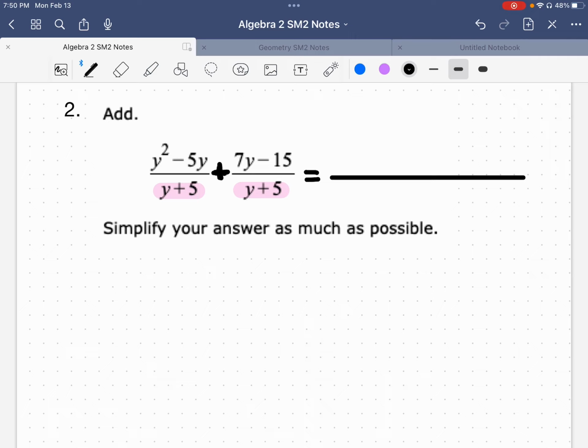Now just remember, if this is minus, you need to make sure that you put a parenthesis here so that you distribute that negative to the second numerator. All right, let's go ahead because we have plus, we have add. We're going to go ahead and just combine together our two numerators.